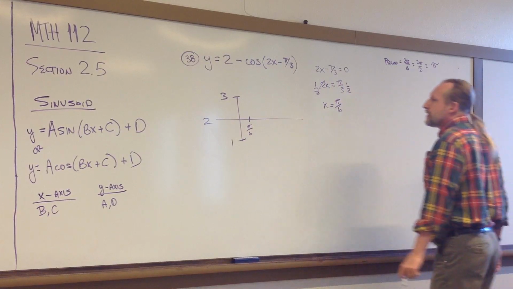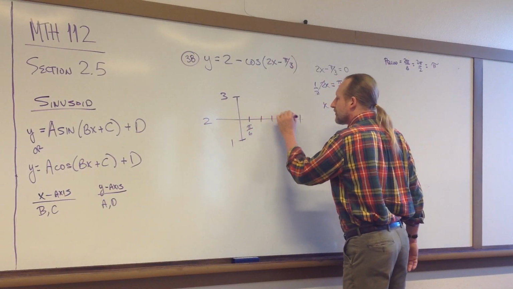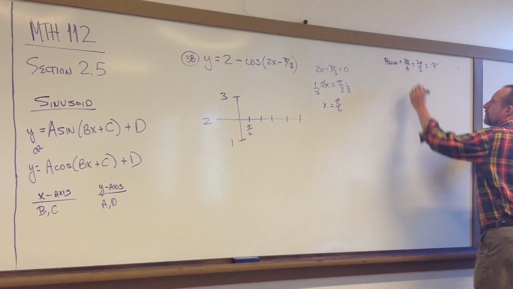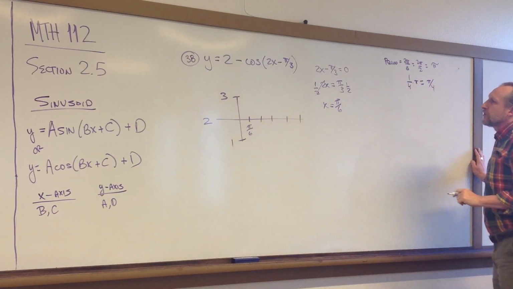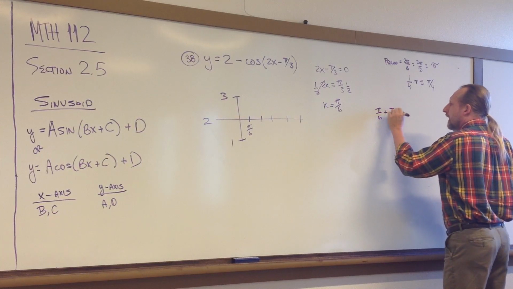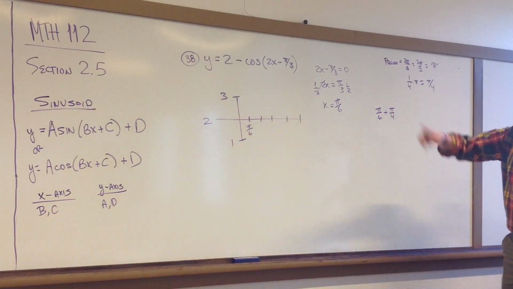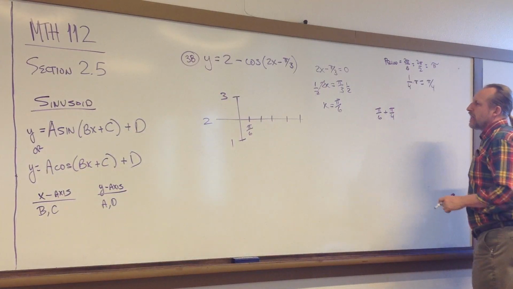And then each of these 4 jumps is going to be 1/4 of the period, which is pi over 4. So we need to start at pi over 6 and add on pi over 4, 1, 2, 3, 4 times. Well, we need a common denominator first.